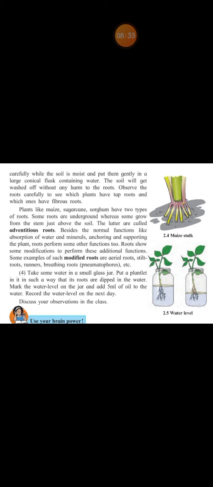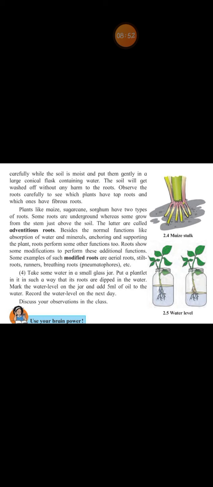Besides the normal functions like absorption of water and minerals, anchoring and supporting the plant, roots perform some other functions too. Roots show some modifications to perform these additional functions.